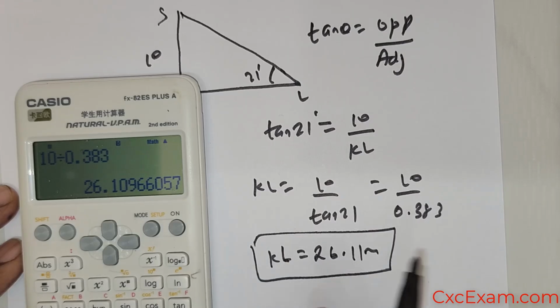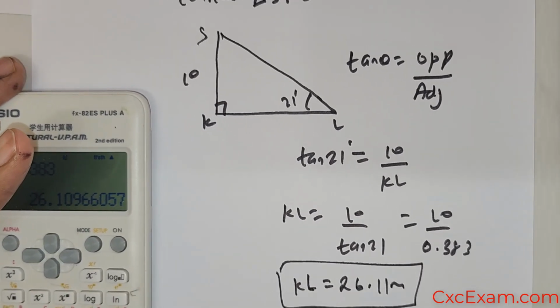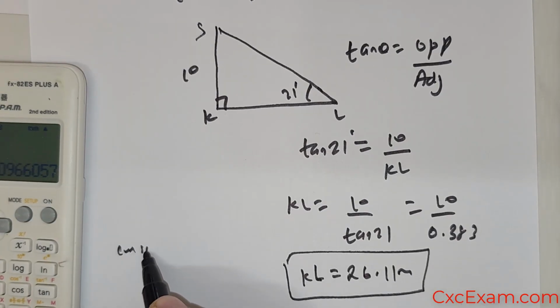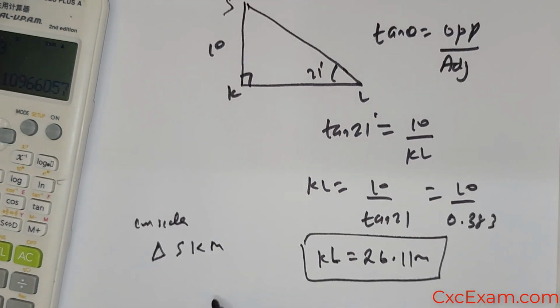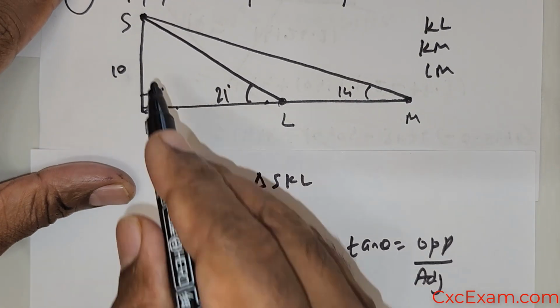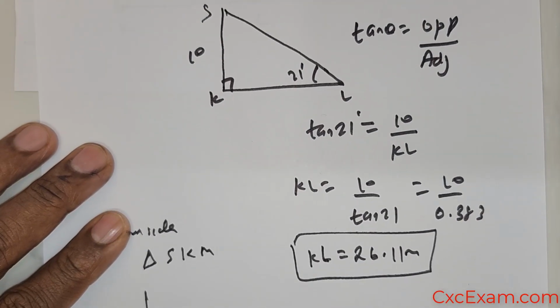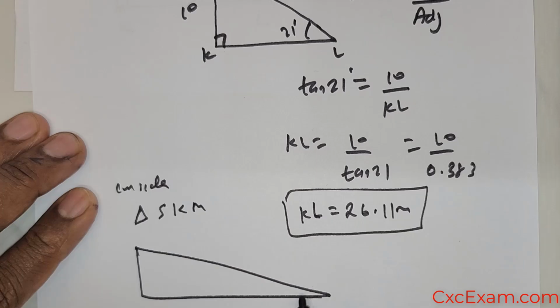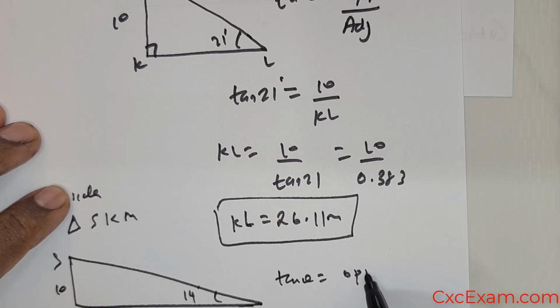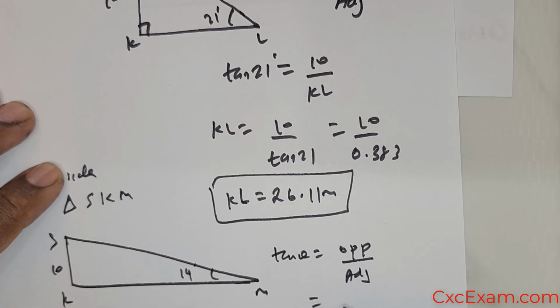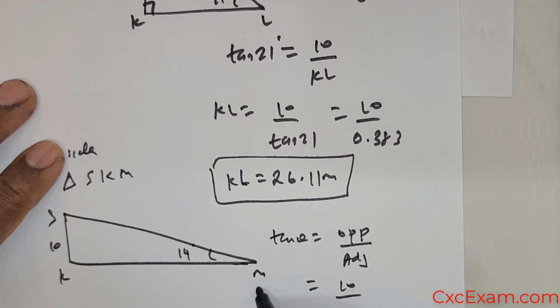Okay, having got that, I'm now going to consider triangle SKM. So you need to draw the entire triangle. SKM, this angle is 14 degrees, and this is 10 meters. Again, tan theta is equal to opposite side divided by adjacent. Opposite side is 10, this is tan 14, and this is KM.